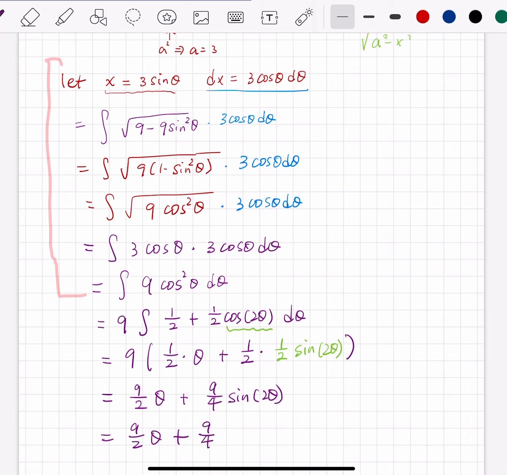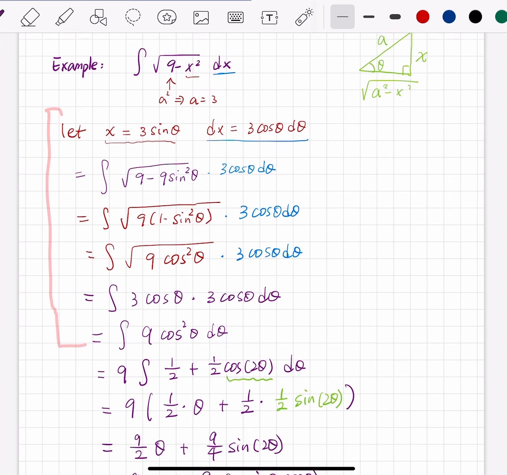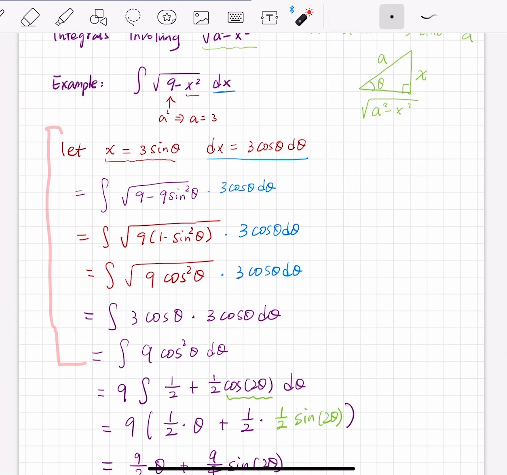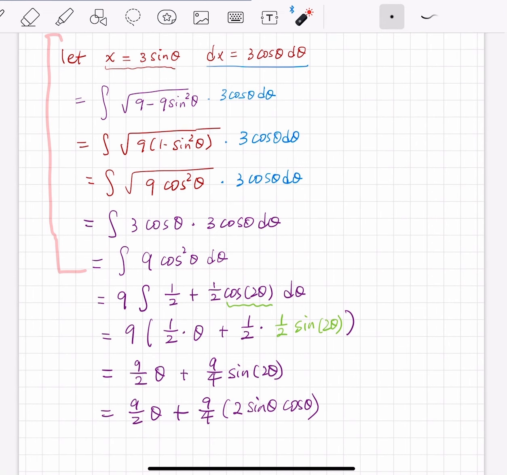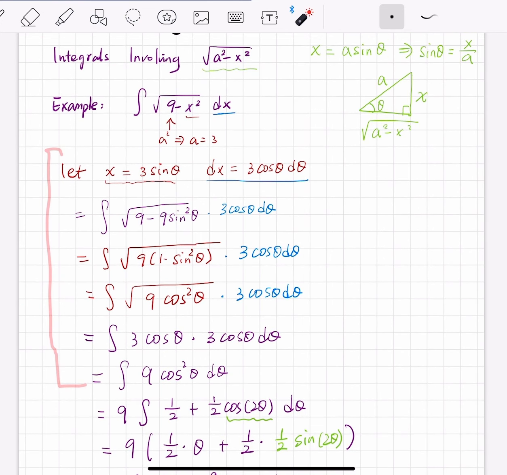Sine of 2 theta is going to be 2 times sine of theta cosine of theta. I have to rewrite it in terms of sine theta cosine theta because of the right triangle here. After I find the integrals, I need to replace it back, so there's no more thetas, it's only going to be x.